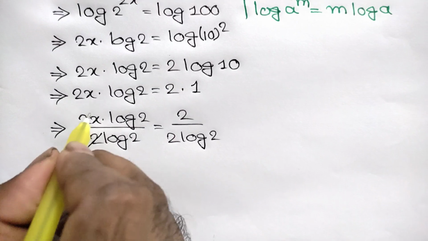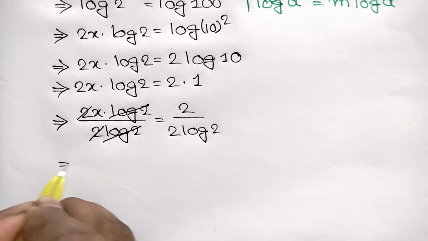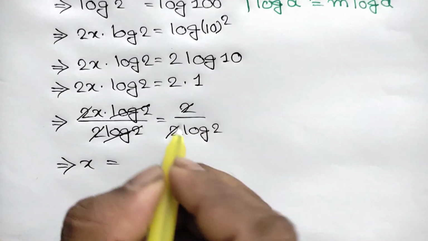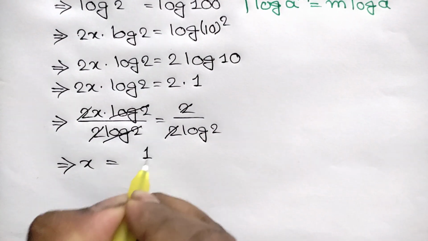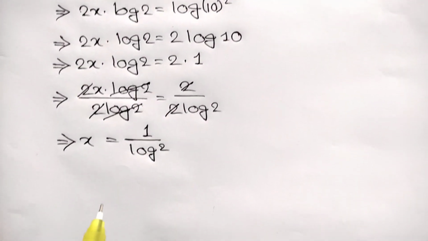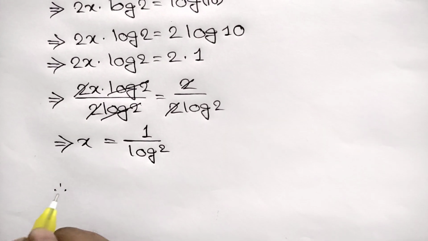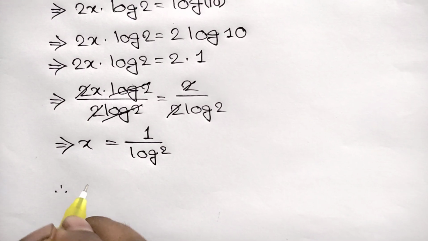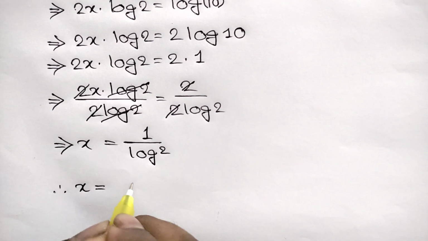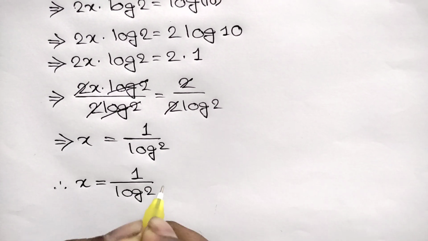Now this 2 cancels out this 2 and this log of 2 cancels out this log of 2, so here we will get x is equal to 2 divided by 2, so here we will get 1 over log of 2. So this is the solution: x is equal to 1 over log of 2.